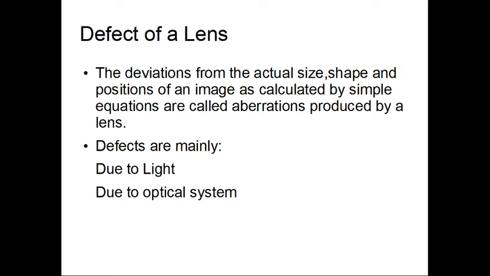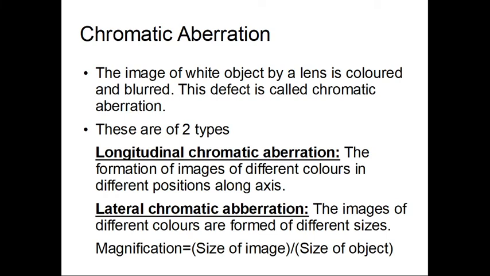First, we will look at the defect due to light, which is chromatic aberration. Chromatic aberration is when the image of a white object formed by a lens is colored or blurred, and it is divided into two types: longitudinal chromatic aberration and lateral chromatic aberration.